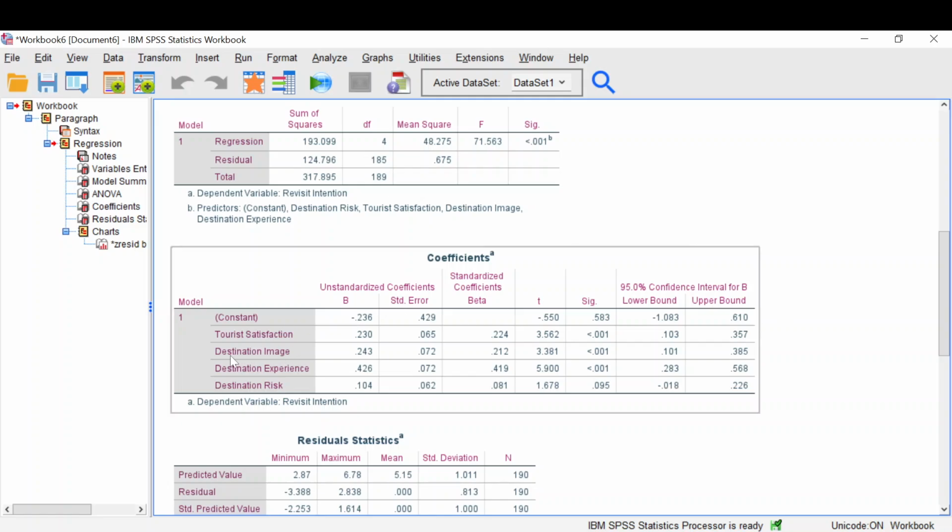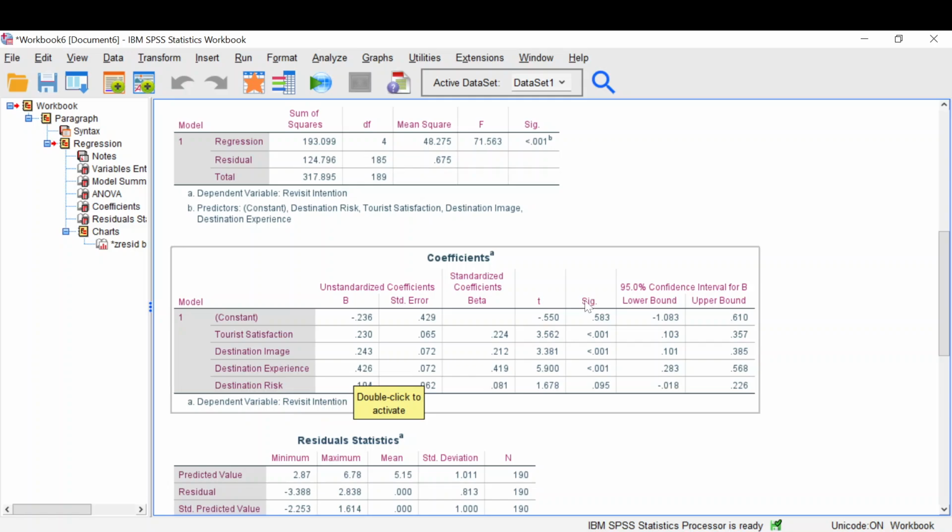So of satisfaction, image, experience, and risk, it looks like based on the unstandardized B of 0.426 for experience, with a less than 0.001 significance level, the destination experience is the best predictor of revisit intention among our independent variables.